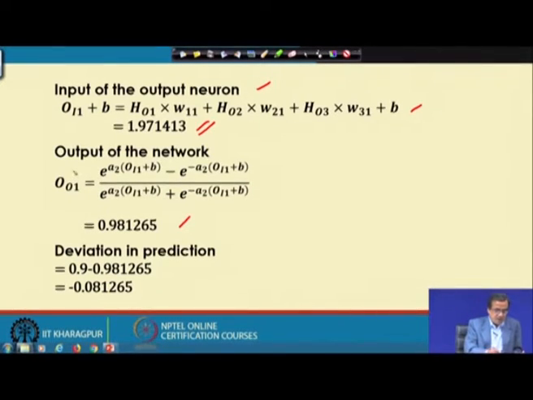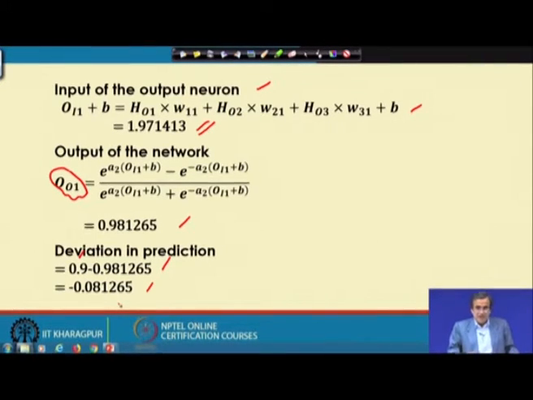Once you have this calculated value, O01, I can find out the deviation in prediction. The target value is 0.9 and the calculated value is 0.981265. So, I can find out the difference, and this difference is coming out negative.